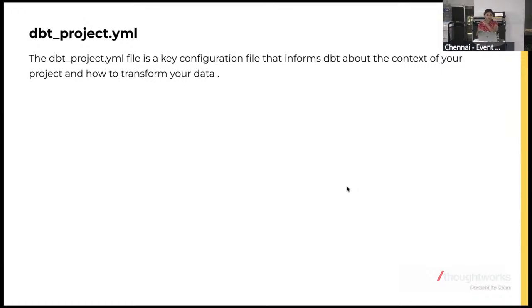I showed you in the dbt_project.yaml, I have mentioned some variables there. Those variables I used in that schema.yaml. So I could mention my global variables there and then use them in my models wherever I want. So this is one important key configuration file that every DBT project must have.